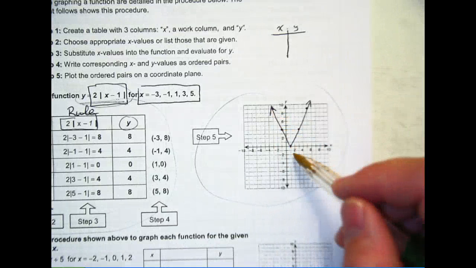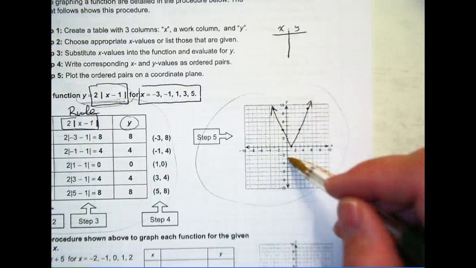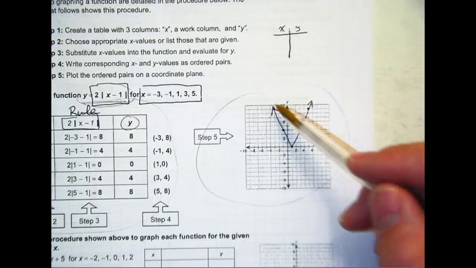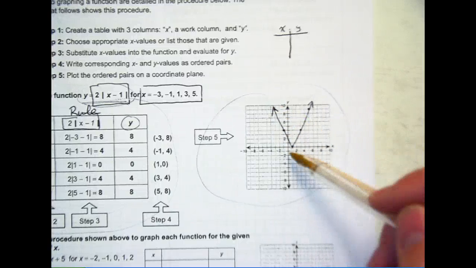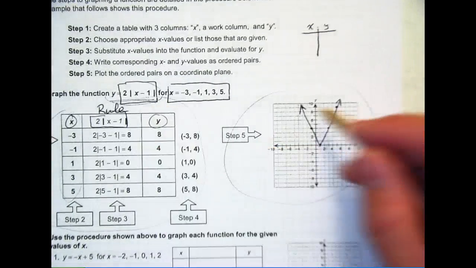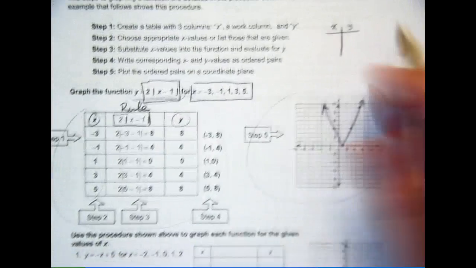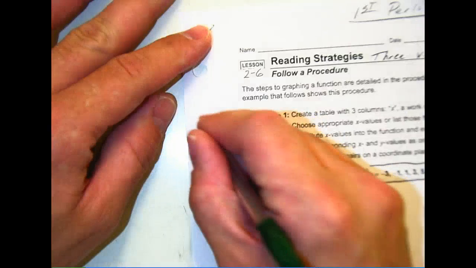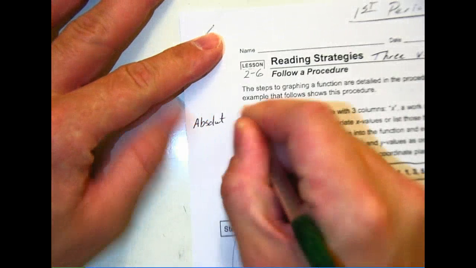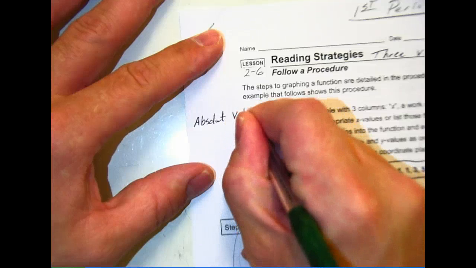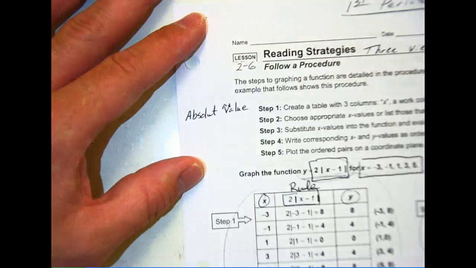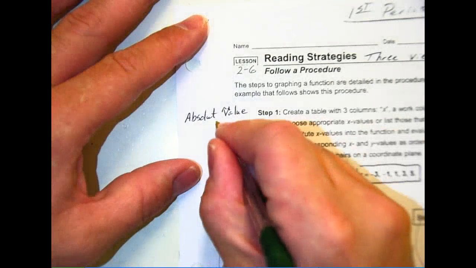Okay, so this type of graph gives us this big V shape, right? We're connecting from left to right. This is an absolute value graph. Absolute value graphs, when you have an x and a y, that's a V-shaped graph. So if you're taking notes, maybe off to the side, write that absolute value has a V-shaped graph.